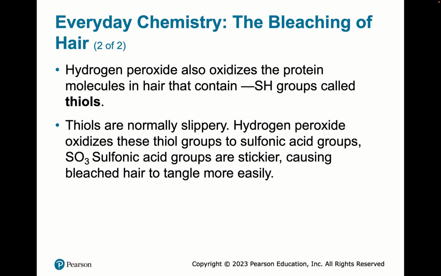Hair is a protein called keratin. It has a lot of cysteine in it and has these disulfide linkages, and they can be broken by this, and it makes the hair feel a little bit different. It also can break some of the skin along the hair. So that's why I say it's bad for your hair.